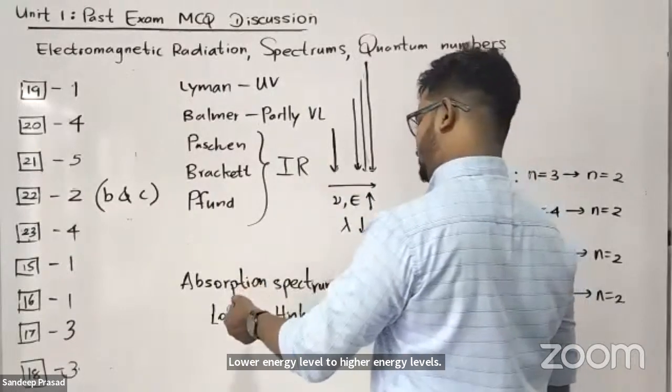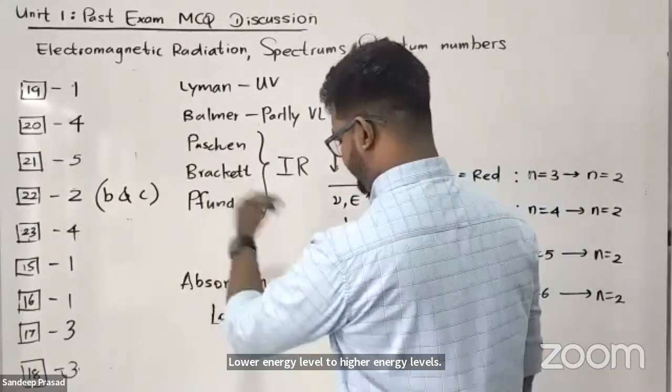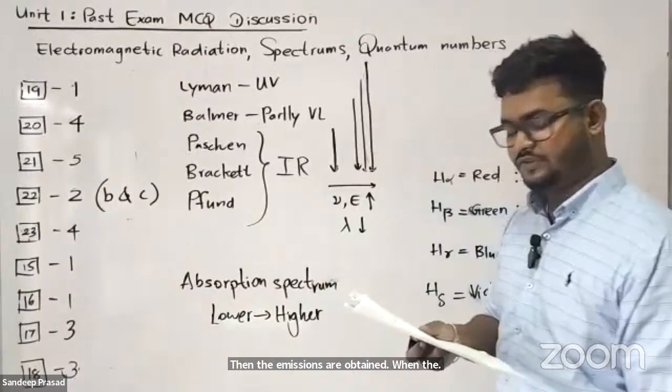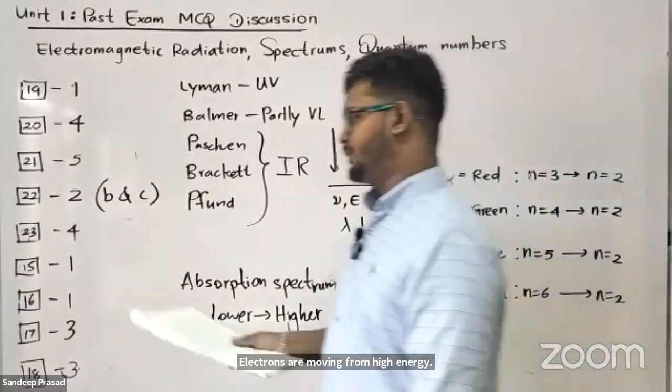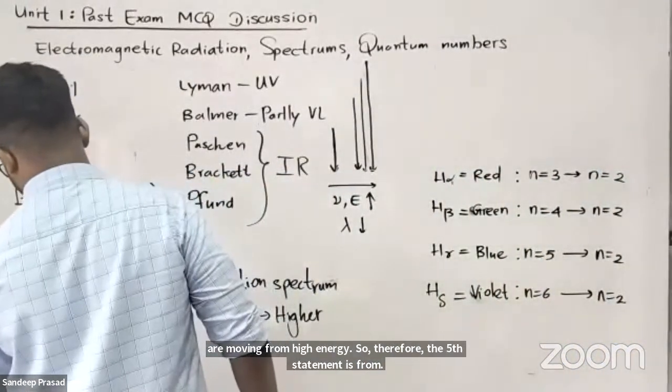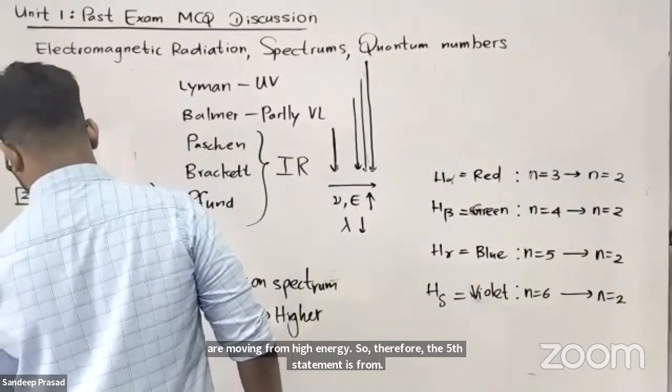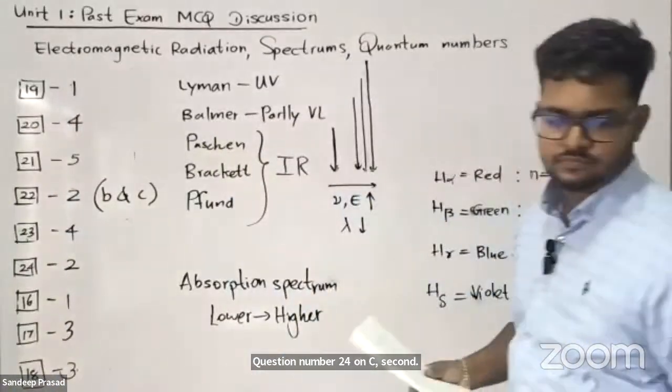Then the emission spectra are obtained when the electrons are moving from a high energy level to a low energy level. So therefore, the fifth statement is wrong. Question number 24, answer is the second one.